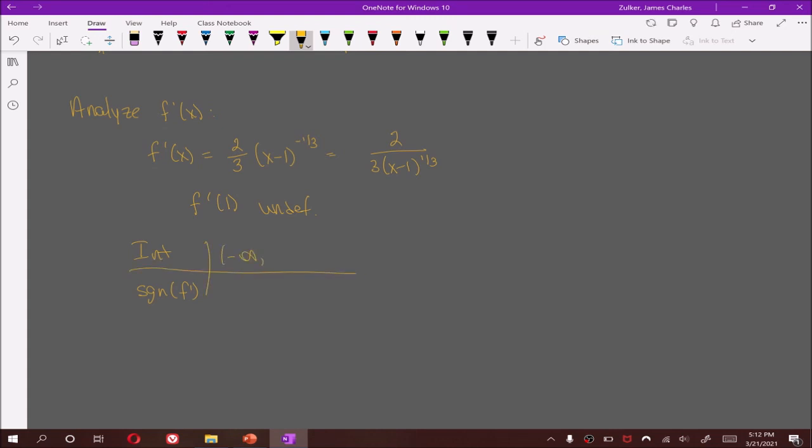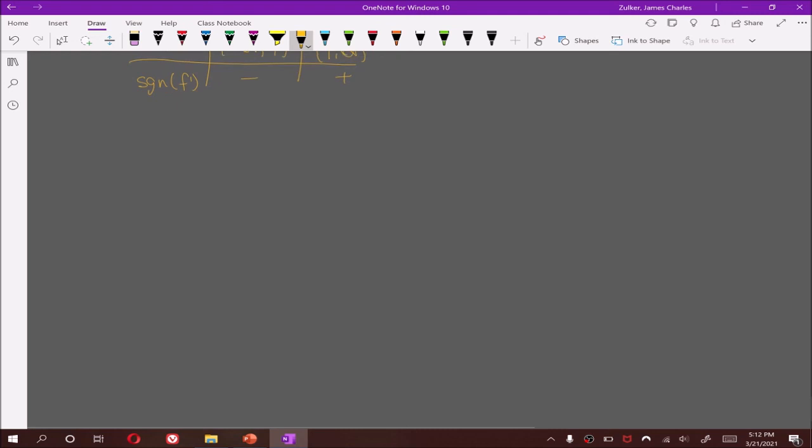We'll go negative infinity to 1, and then 1 to infinity, and we'll get minus plus.